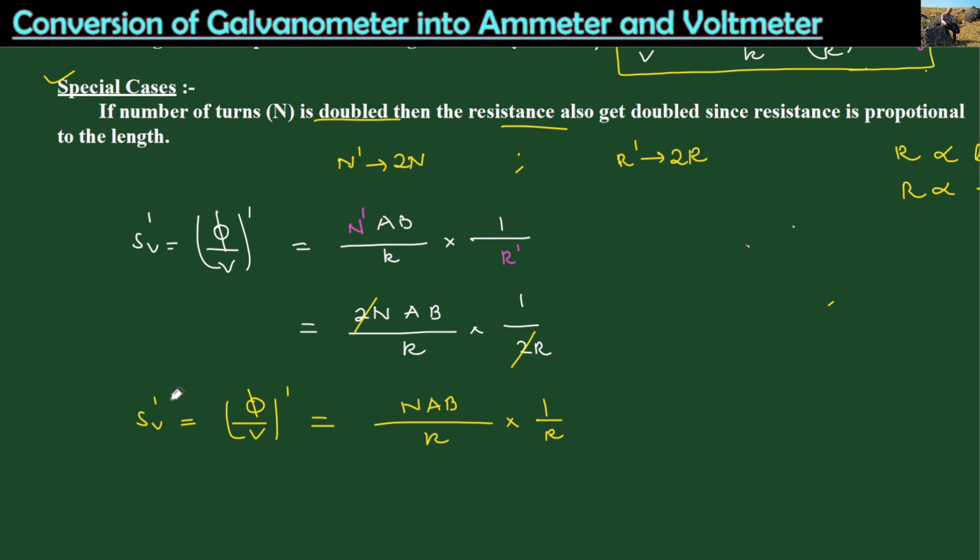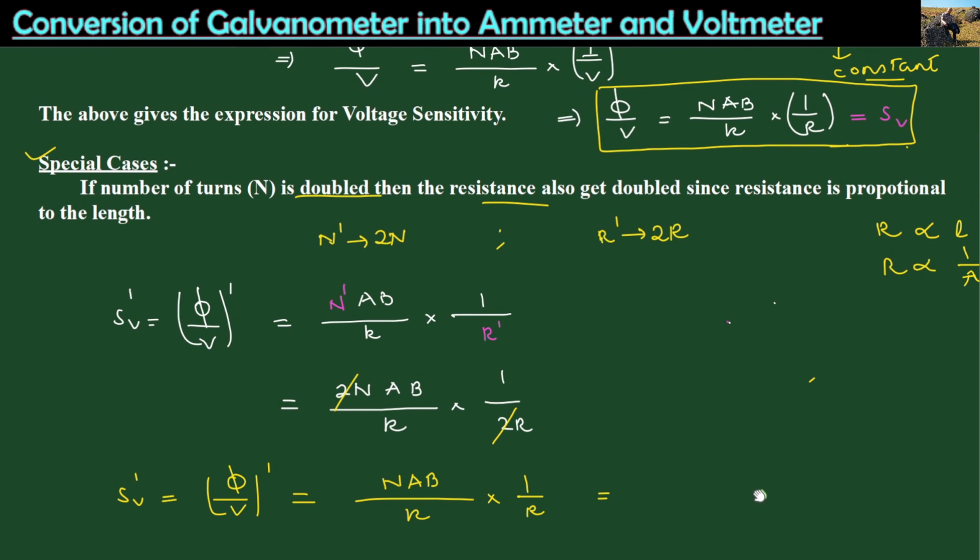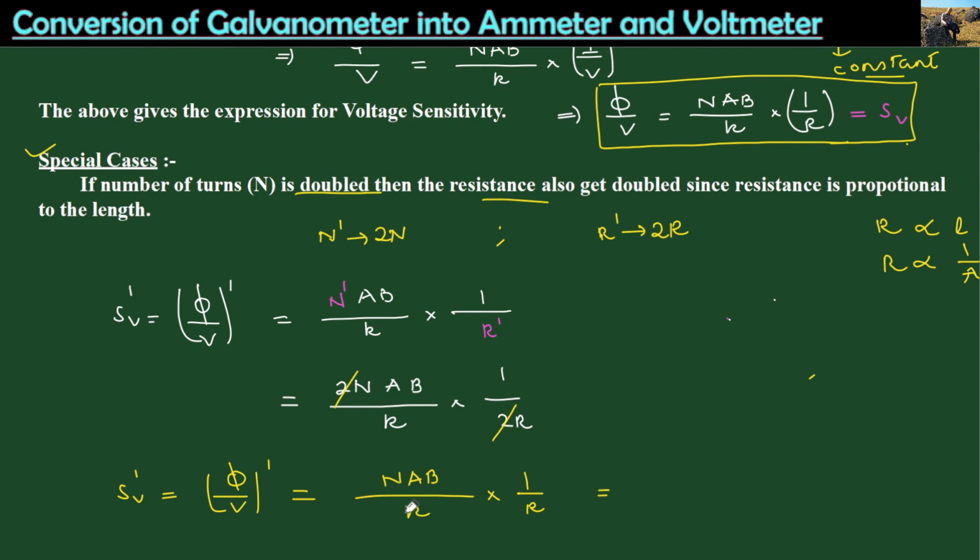So our sensitivity SV dash, when you look with respect to the equation above, over here you have NAB divided by K into 1 by R. What is this equation?